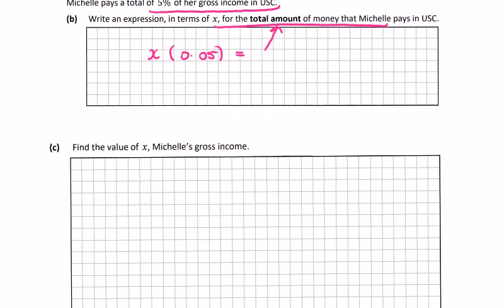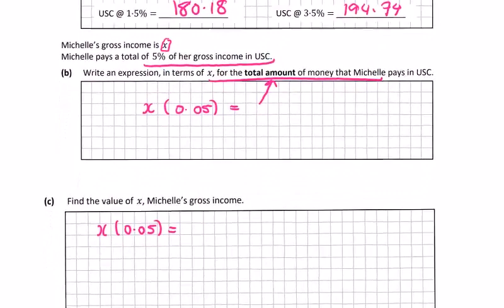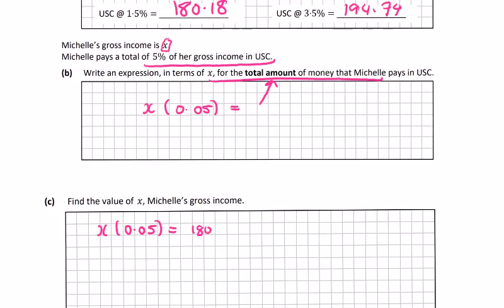So we're asked to find her gross income. We know that her gross income x, she pays 5% of her total gross income in USC, and that's made up of this 180.18 plus the 194.74, and she's going to pay 7% on the rest of her income, where x is her income.